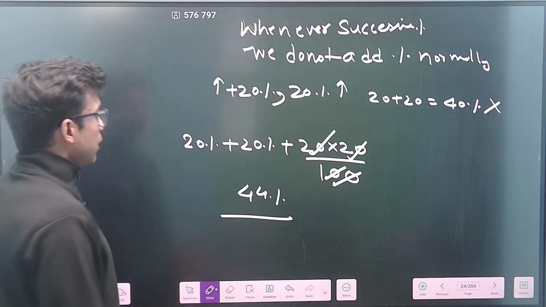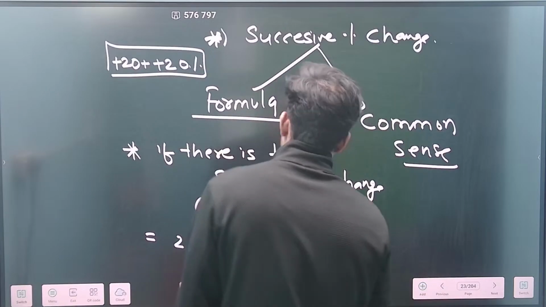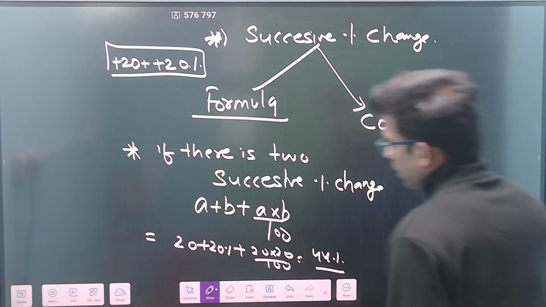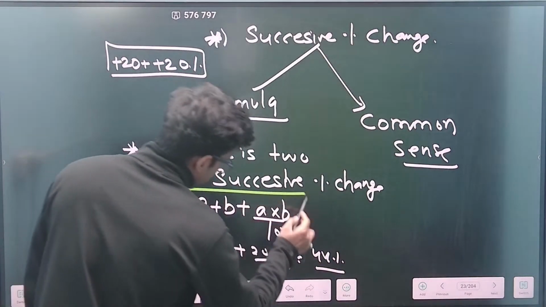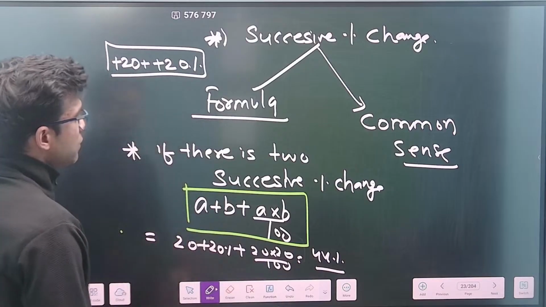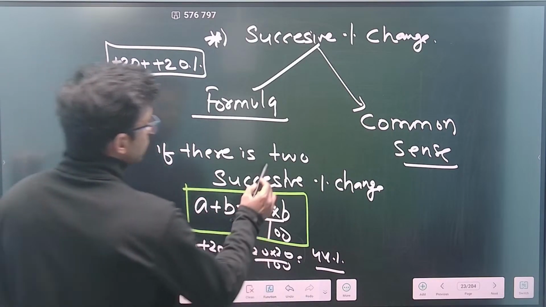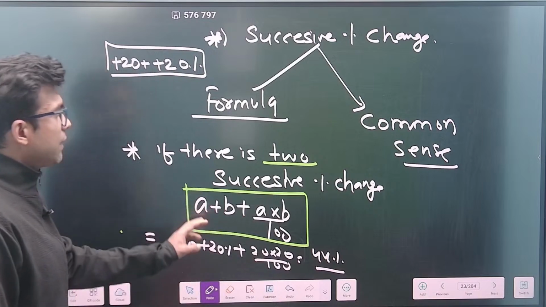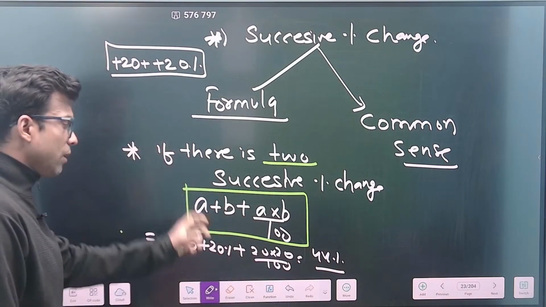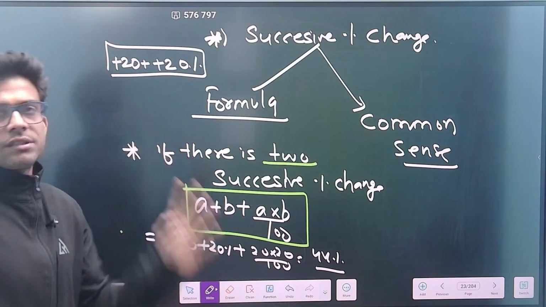But this formula has some restriction. What is that restriction? This is only applied to two successive percentage changes.